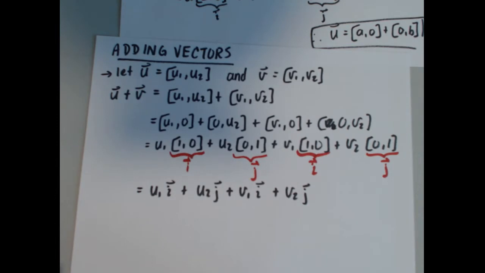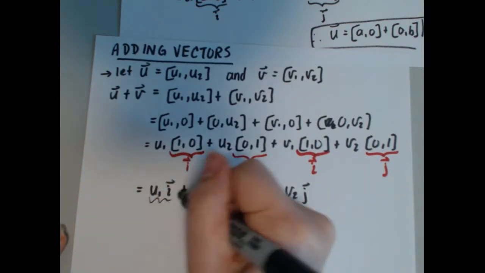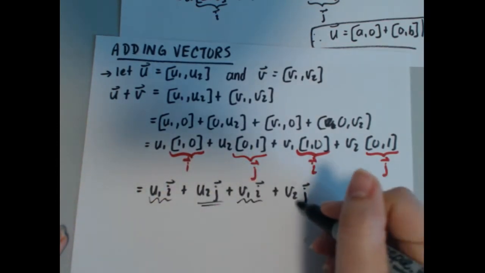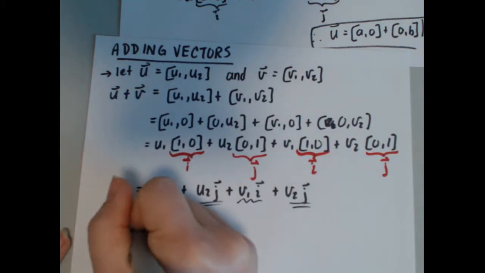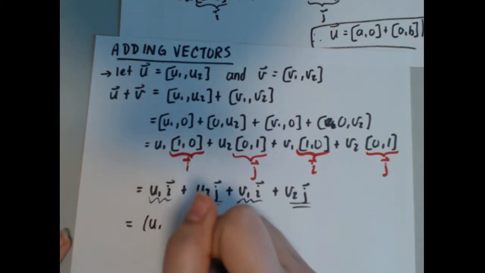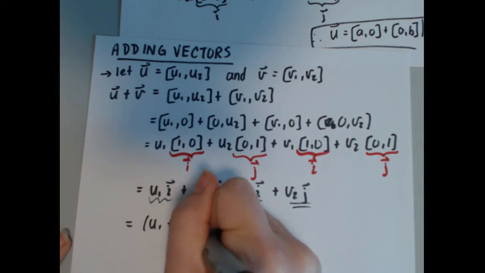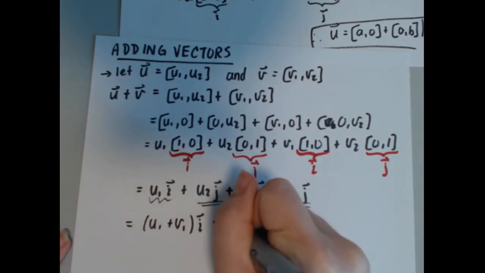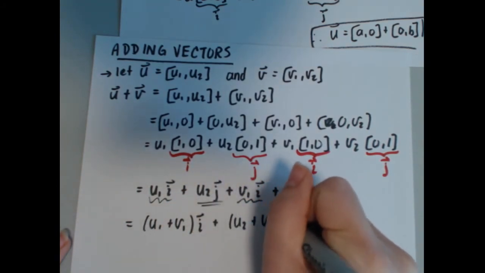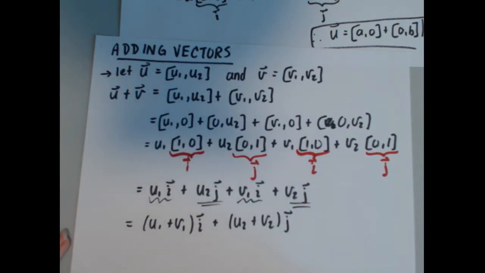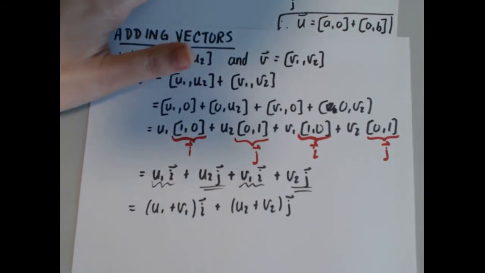Okay. Now what I'm going to do is collect my like terms. I'm going to collect the i's with the i's and the j's with the j's. Okay, so that means I'm going to have (u1 plus v1) times i plus (u2 plus v2) times j. And now I'm going to take i and j and represent them as their original vector representations.